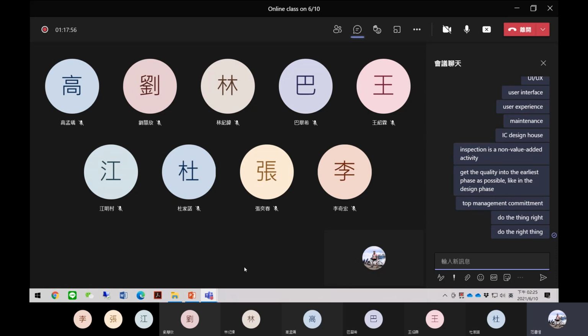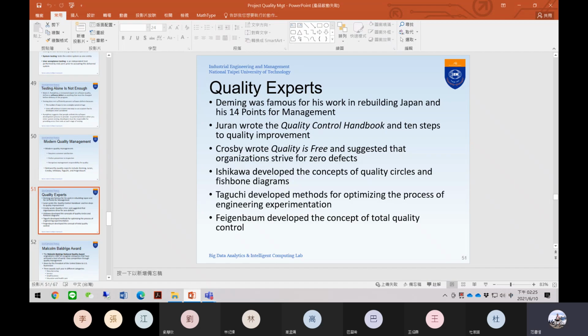That's it. So no inspection, no fix, no defects occur, so quality is free, right? So it suggests that organizations strive for zero defects. If you can produce a product with zero defects, then quality is free. Ishikawa developed the concept of quality circles, the QCC, and the fishbone diagram.